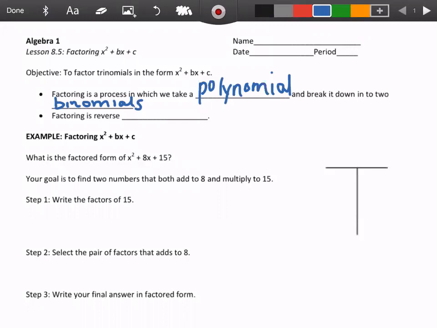Factoring is the reverse of multiplication or double distribution.